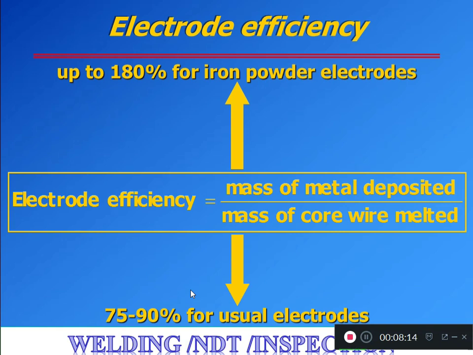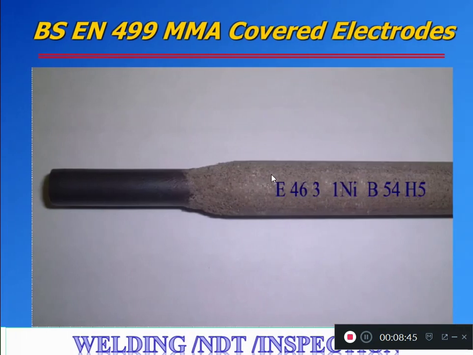There is a formula: mass of metal deposited, meaning the weight of the weld metal deposited, divided by the mass of core wire melted, meaning the weight of the core wire melted. It is 75 to 90% for usual electrodes, and up to 180% for iron powder electrodes. So this is electrode efficiency.